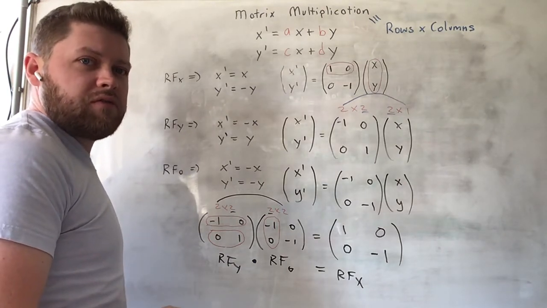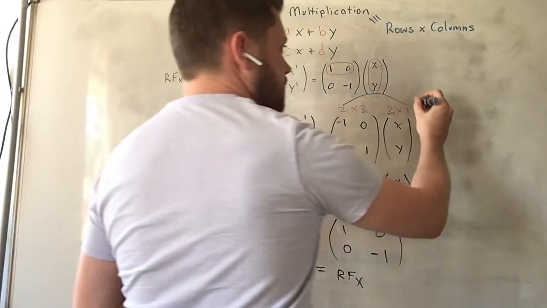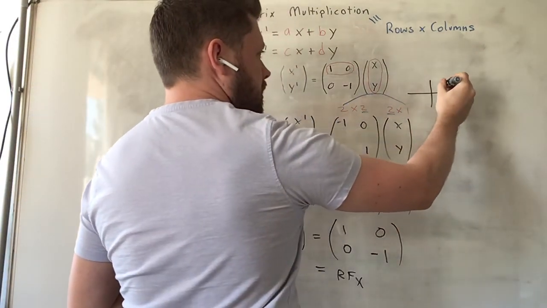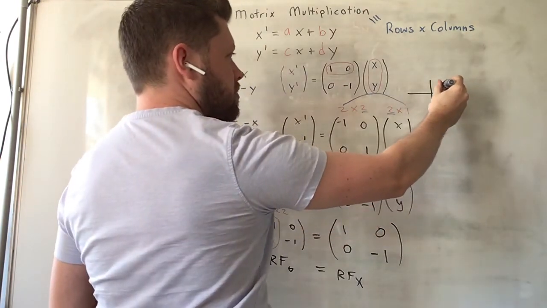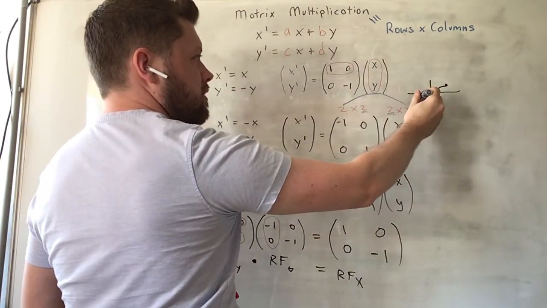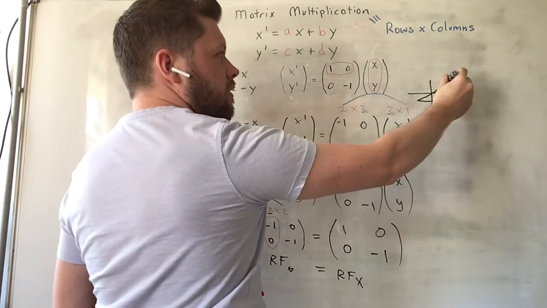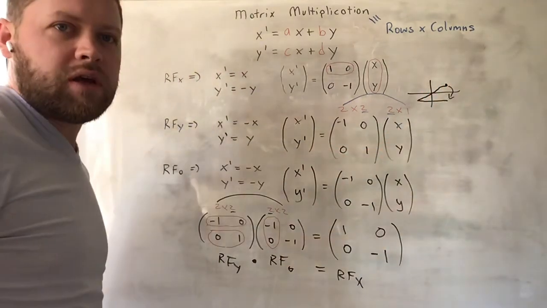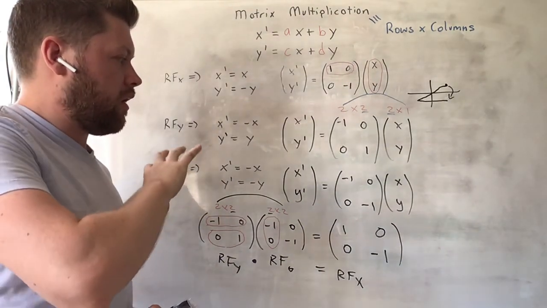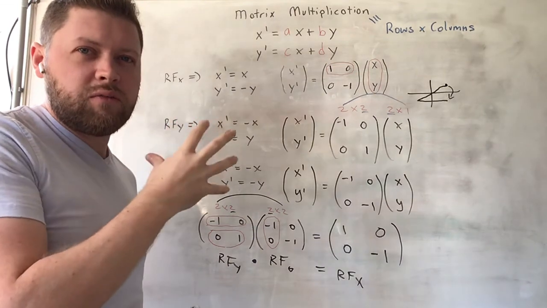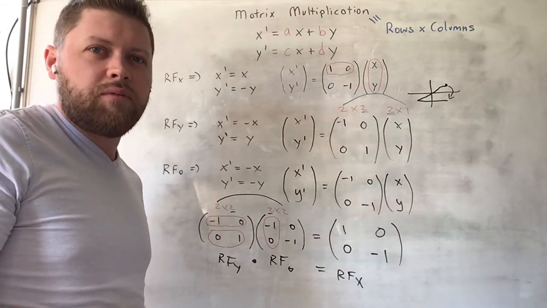If you look back at the previous videos, if you take any point here and reflect it in the origin and then reflect it in the y-axis, it's the same as having reflected it in the x-axis to begin with. So that's why writing our linear transformations in terms of vectors and matrices is a really powerful way of doing things.